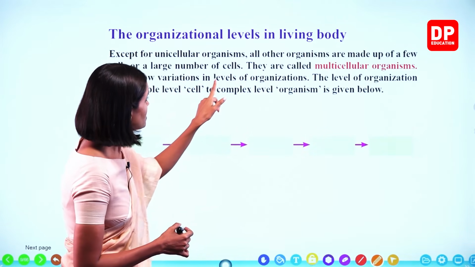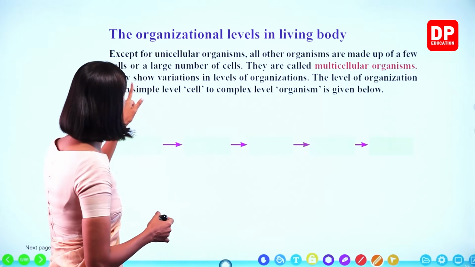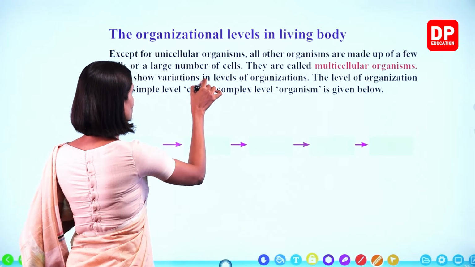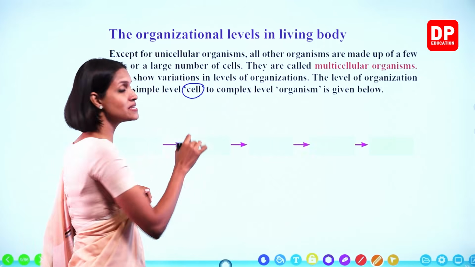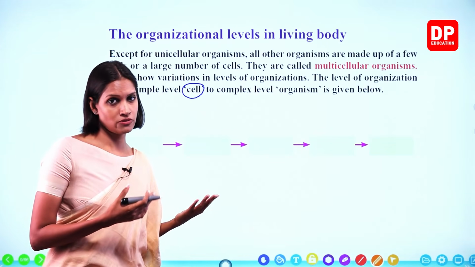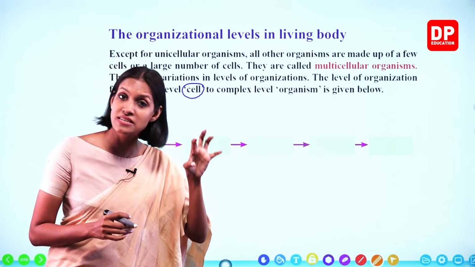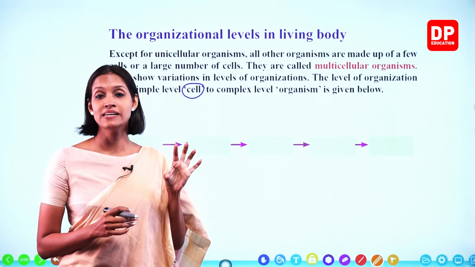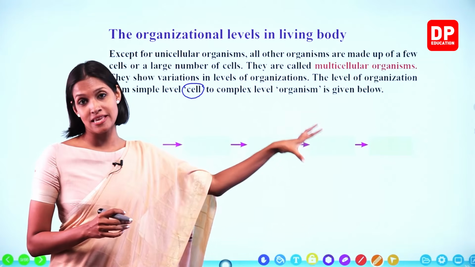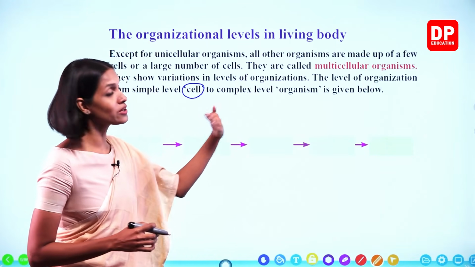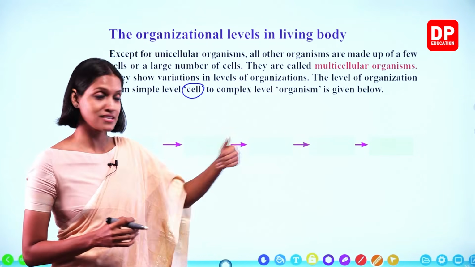Here, from simple level, cell, which means the simplest form is the cell. We learned it before, right? The basic building unit of an organism is the cell. So it always starts from cells and it gets more complex from one step to the next, right?